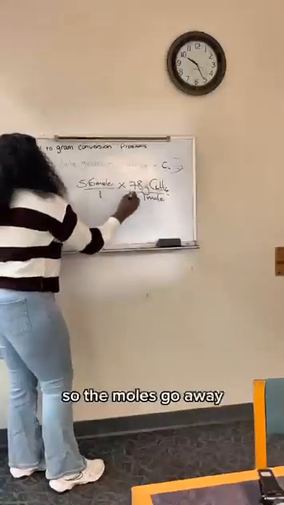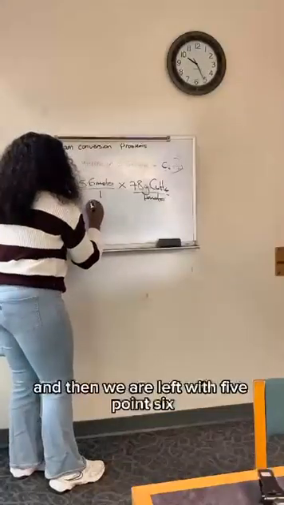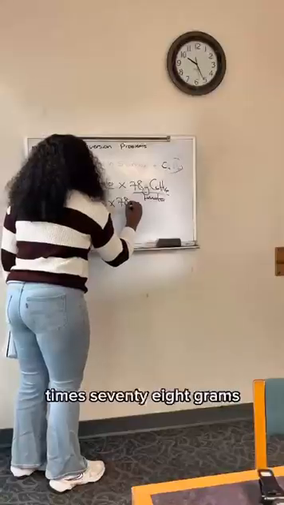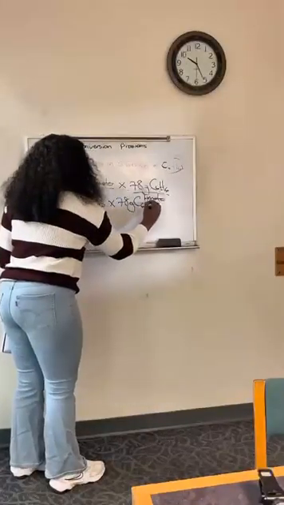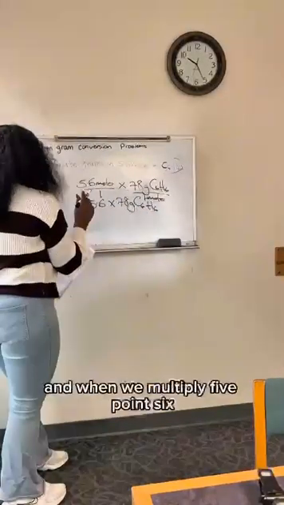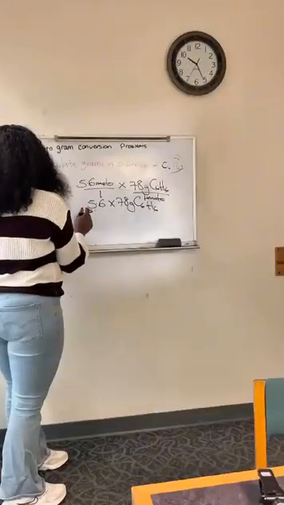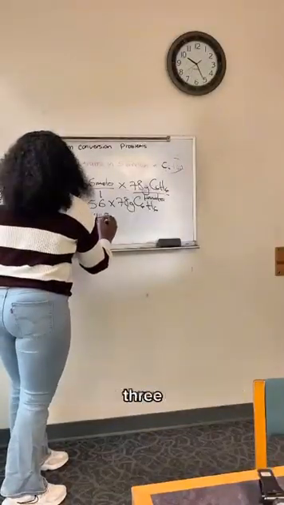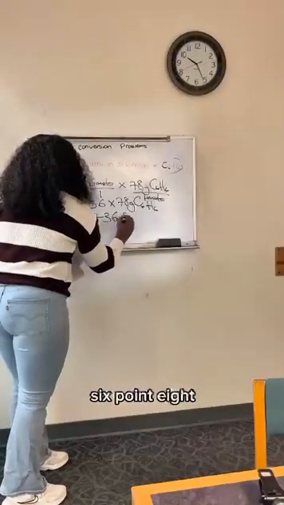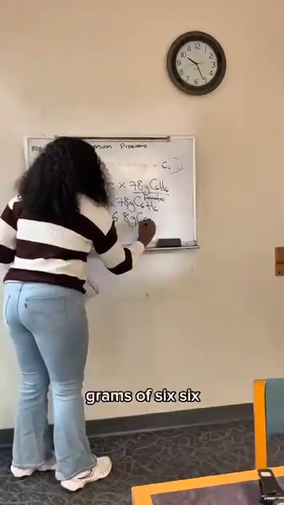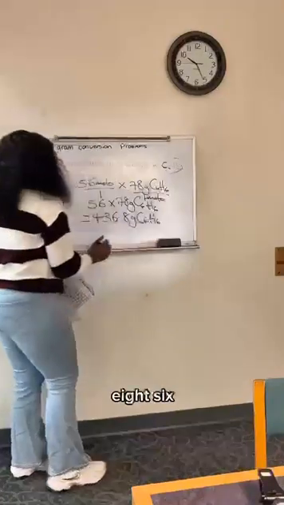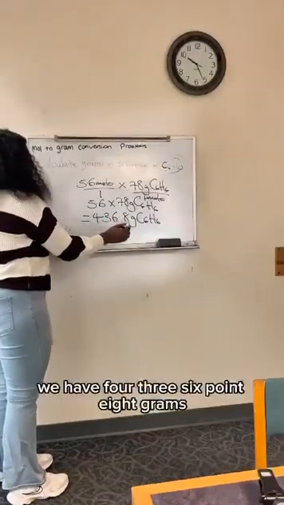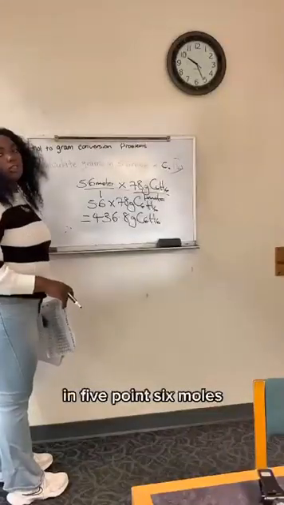So the moles go away, and then we are left with 5.6 times 78 grams of C6H6. And when we multiply 5.6 times 78, this is going to give us 436.8 grams of C6H6. Therefore, we have 436.8 grams in 5.6 moles.